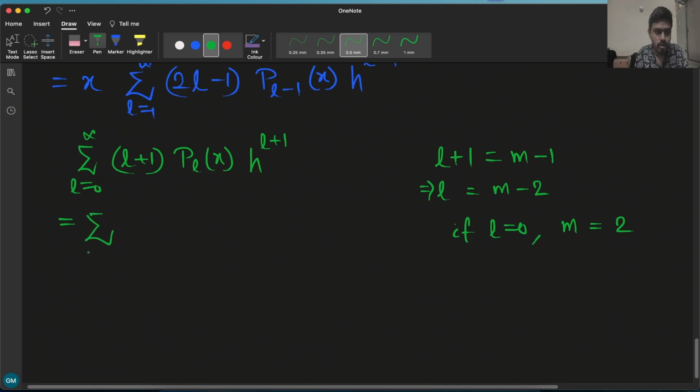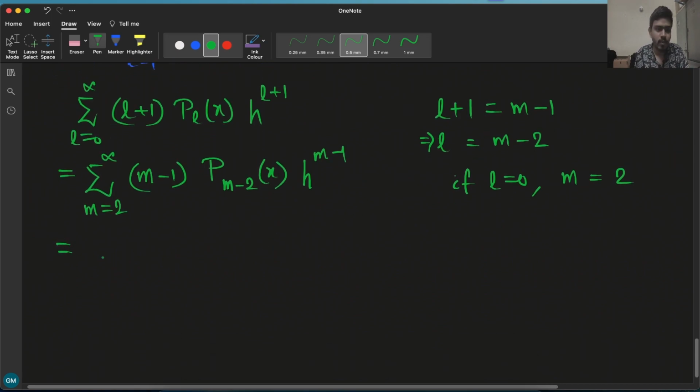So it will start from m equals 2 to infinity, and instead of l plus 1 I will write m minus 1, then P of m minus 2 of x, instead of l I am writing m minus 2, and it will be h to the power m minus 1, right?